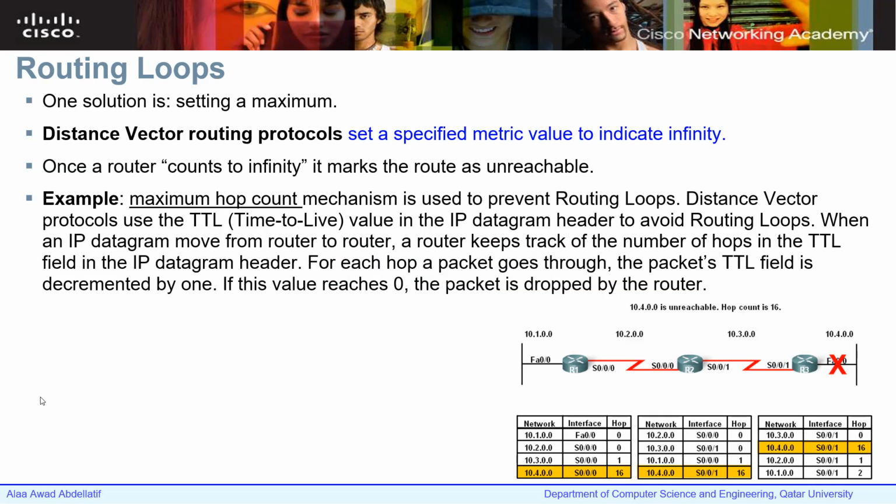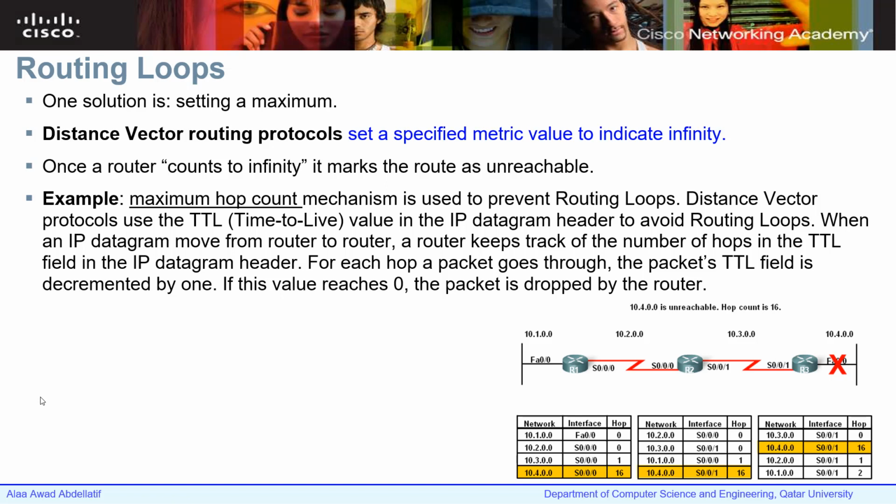Then we started with the first solution to solve the routing loop problem. The first solution is to set a maximum. What we mean by maximum is that we will set a maximum hop count, or maximum number of hops. So when we find an unreachable link, the directly connected routers will directly update the number of hops to the maximum, and the maximum here will be 16, and then propagate these updates to the other routers.